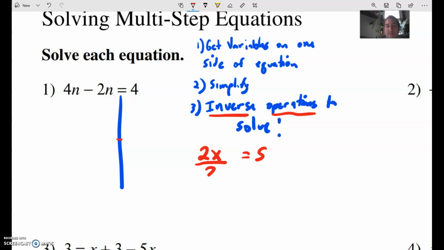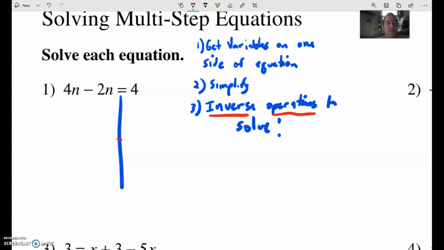Divide. We'd have to divide to undo that operation. And what you do to one side, you have to also do to the other side. So we need to keep two things in balance for when we're solving these. We need to use inverse operations to move things and to get things to cancel out. But we also have to balance the scale as we do it. What you do to one side, you have to do to the other.